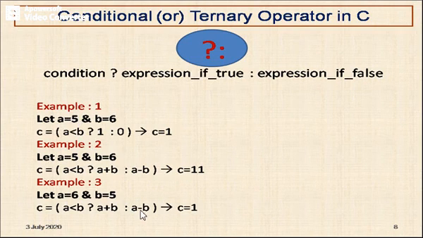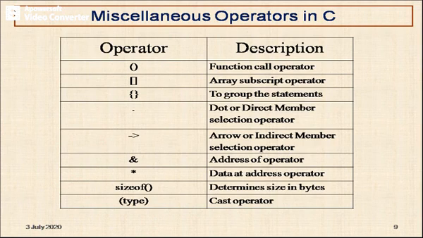Sorry, a is 6, b is 5. So a minus b will be assigned to c. So 6 minus 5, 1 will be assigned to c. Got it? Fine.